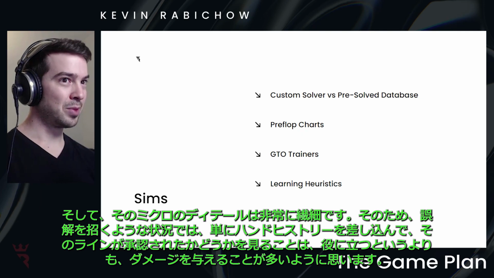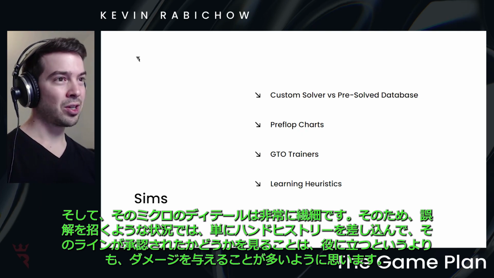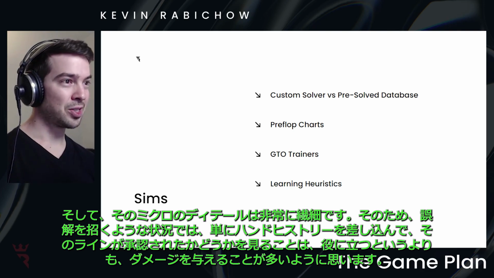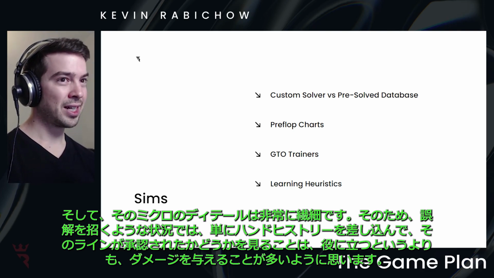And the micro details are so sensitive and in some situations misleading that I think simply plugging in a hand history and looking to see if your line is approved or not is more often going to be damaging than it will be helpful.